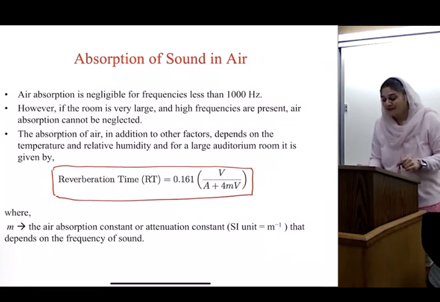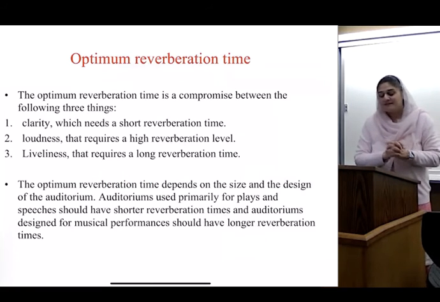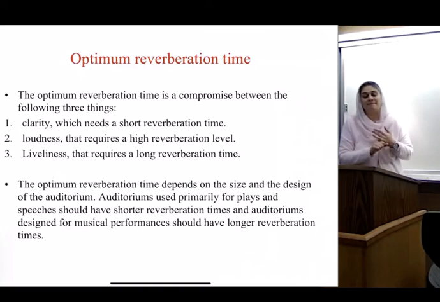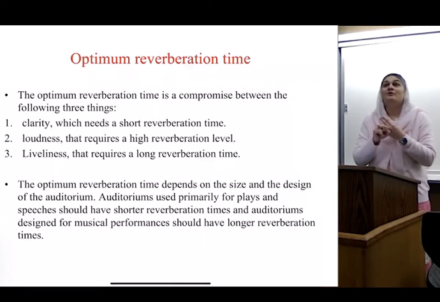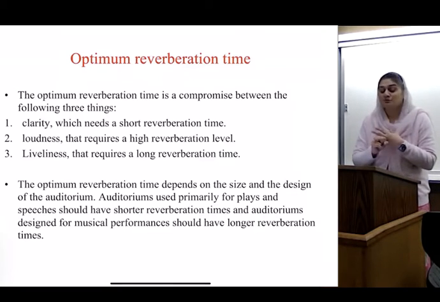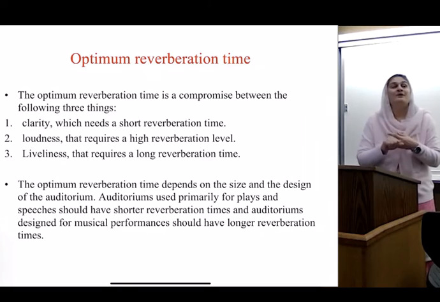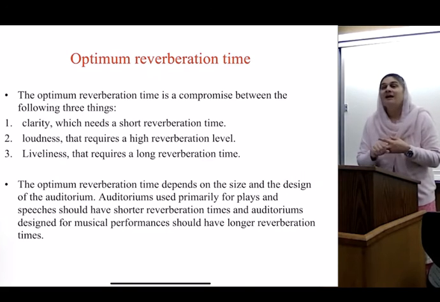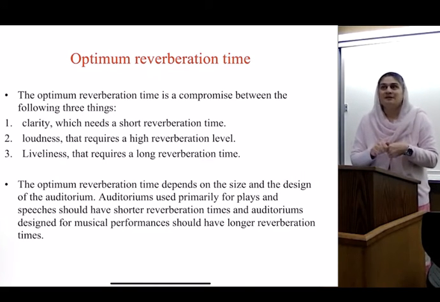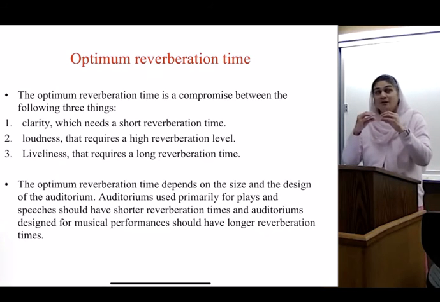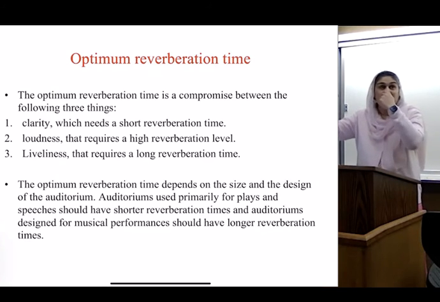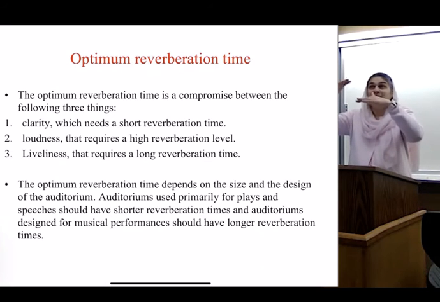Okay, so now that we have those formulas, we can say that the reverberation time is a compromise between three things. One is how clear you would want your sound to be, how loud you would like that sound to be, and how lively you would want it to be. For clarity, you want a small reverberation time. You don't want my sound to be coming in with reverberation.